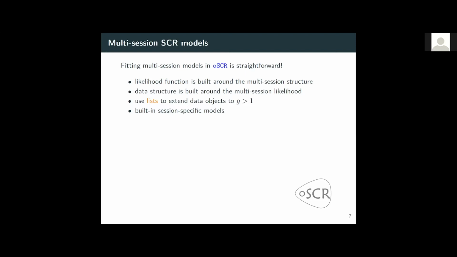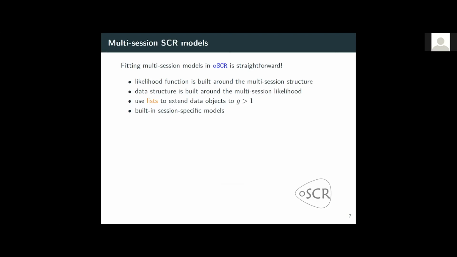So the whole model fitting architecture is really driven by the fact that we would like to model variation among, or test hypotheses about variation among, sessions or groups or populations. The likelihood function is built around the multi-session structure, and the data structures, the oSCR frame and the state space objects, are also based around this multi-session idea at their core.